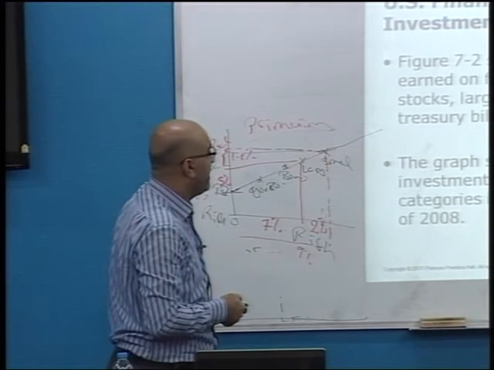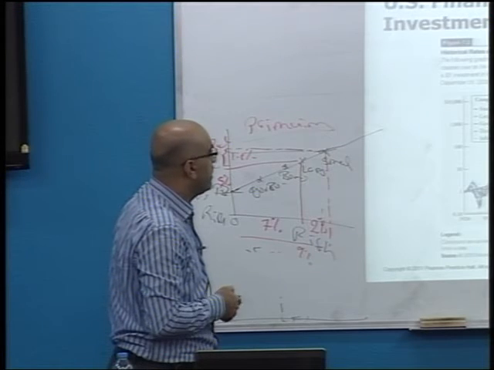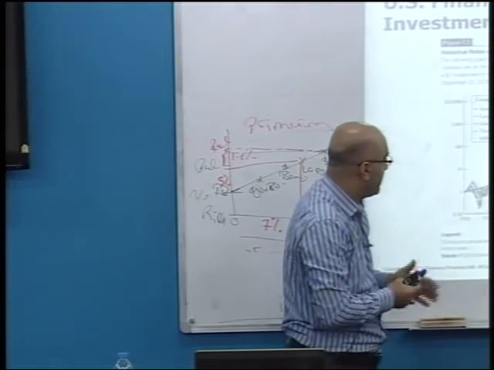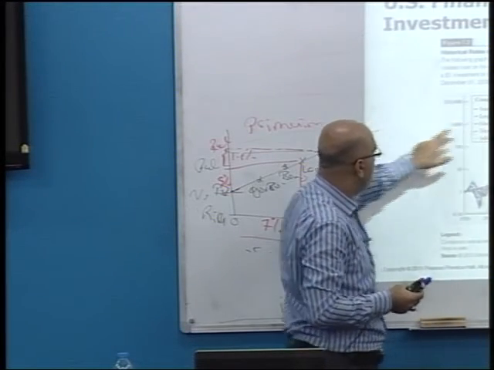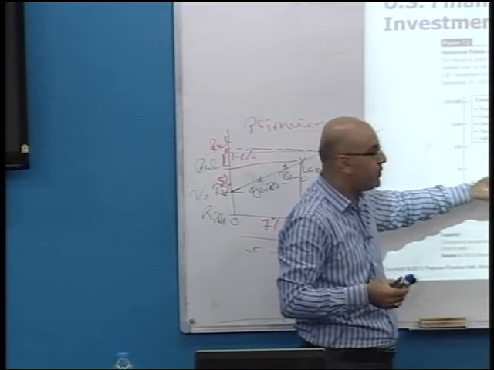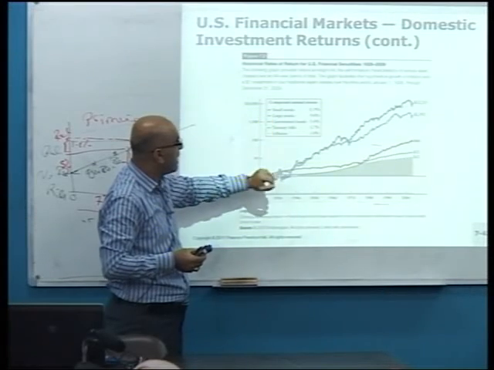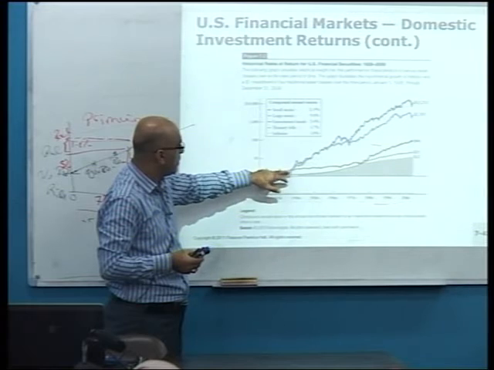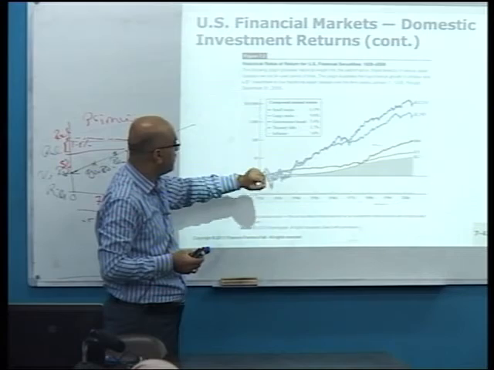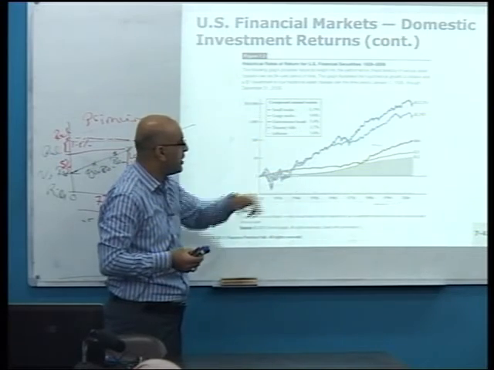Let's see figure 7.2. What we observe in figure 7.2: we have small stocks in dark blue, large stocks in blue, government bonds in red, and treasury bills in green.